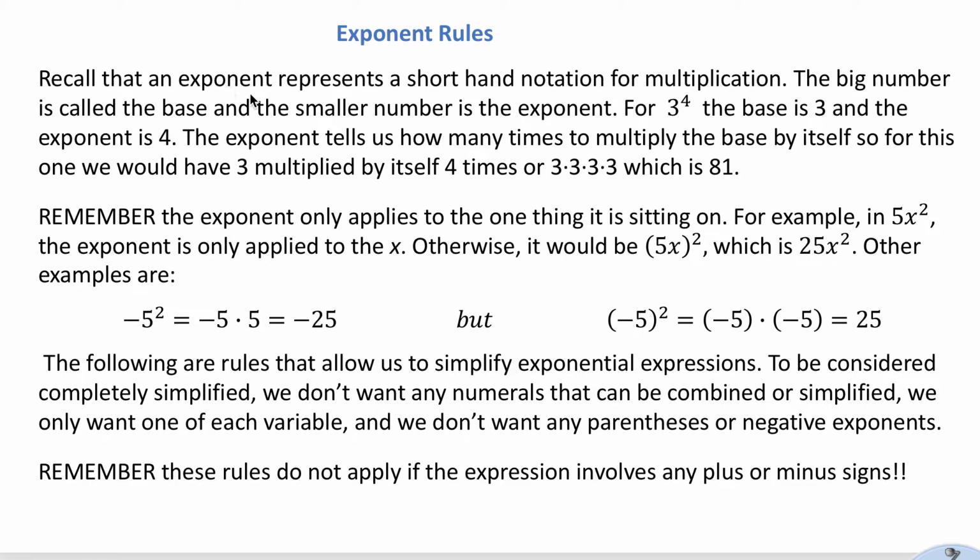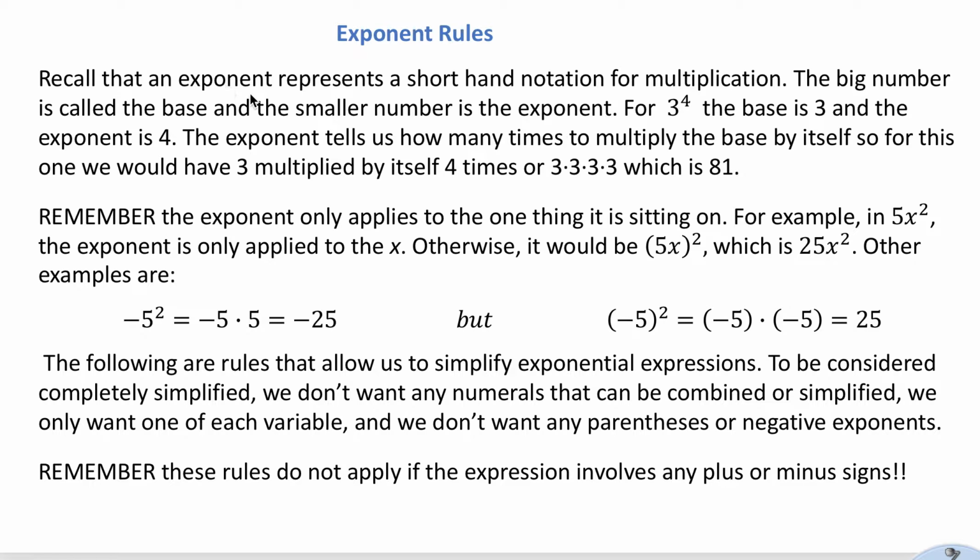Okay, to be considered completely simplified, just like radicals and just like fractions, it goes without saying that our exponential expressions have to be simplified. And to be completely simplified, we don't want any numerals that can be combined or simplified, right? No math we can do on the numerals.